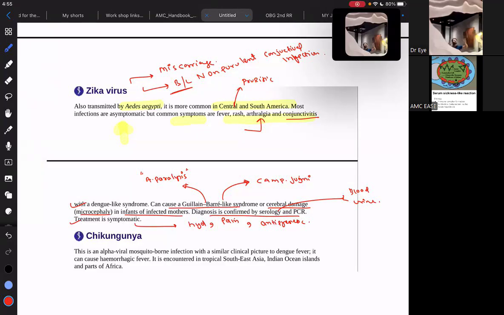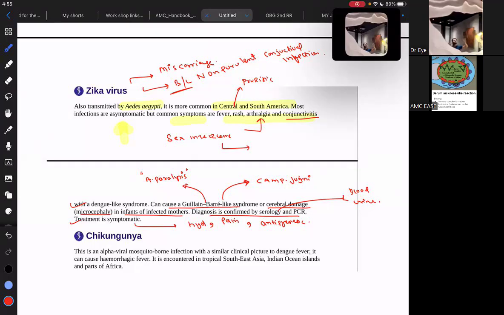There's one important point which I want to mention, that is regarding sexual intercourse. What is the advice if the patient has Zika virus, or if there's a history of Zika virus and the couple wants to conceive?